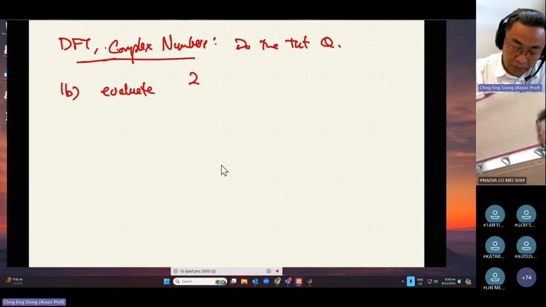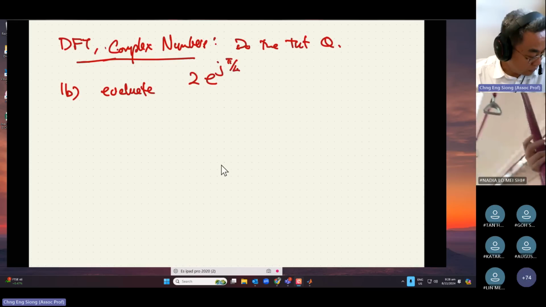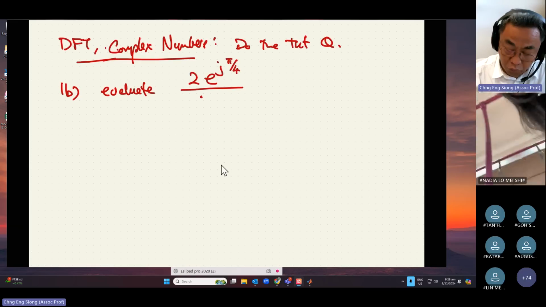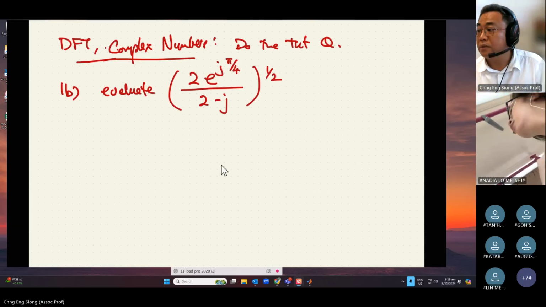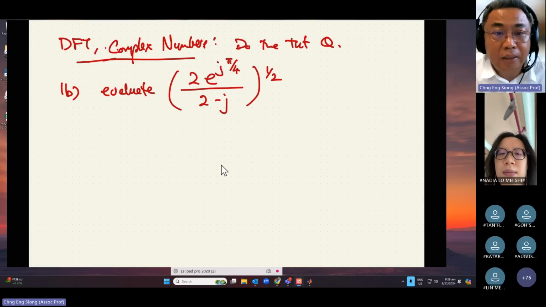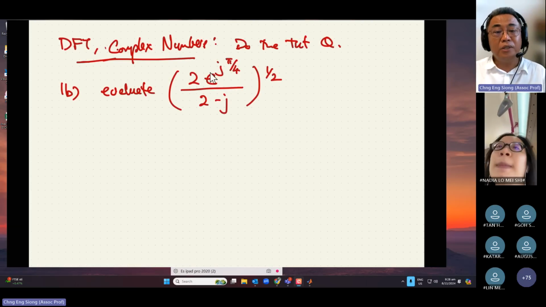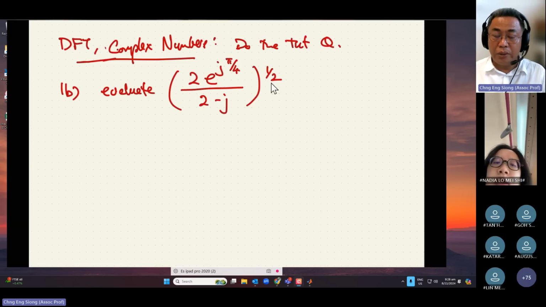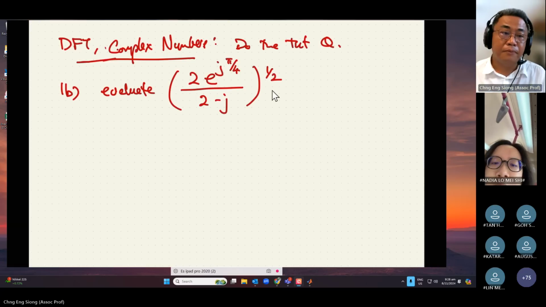The notation should be e^(jπ/4) over (2 minus j), all to the half. I'm testing you on everything: polar notation, complex exponential notation, dividing by rectangular notation, performing the square root, De Moivre's theorem. So I'm testing you 3 things at the same time.